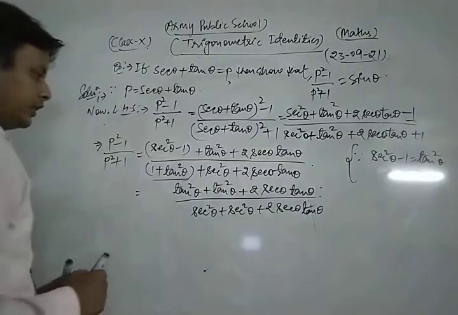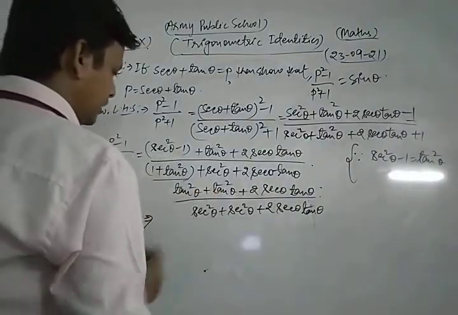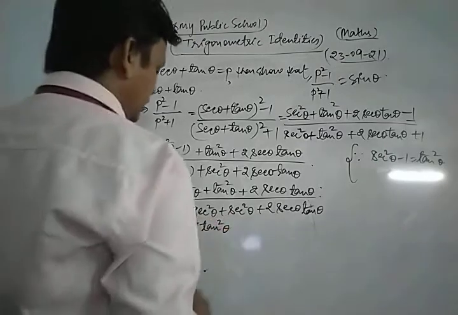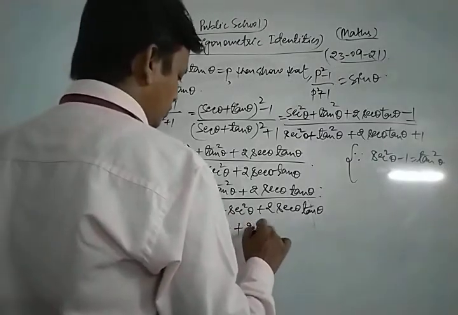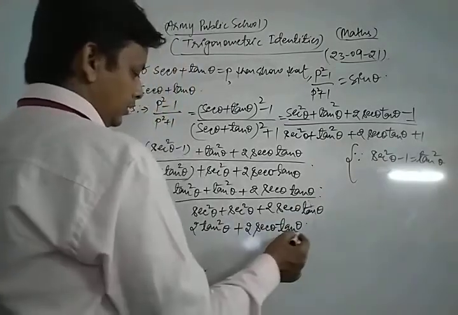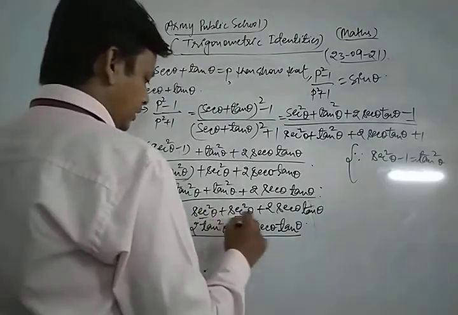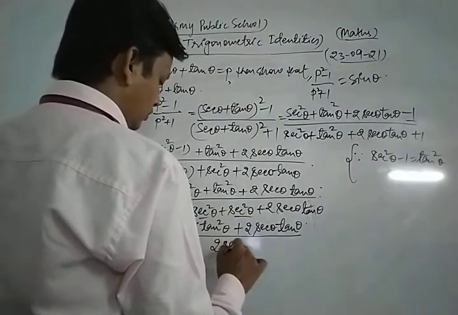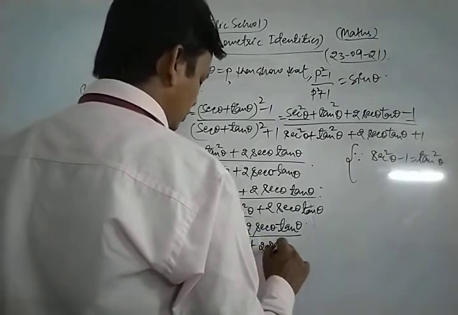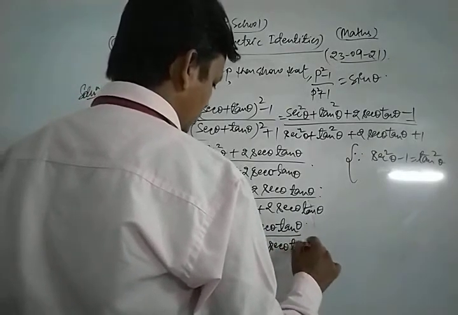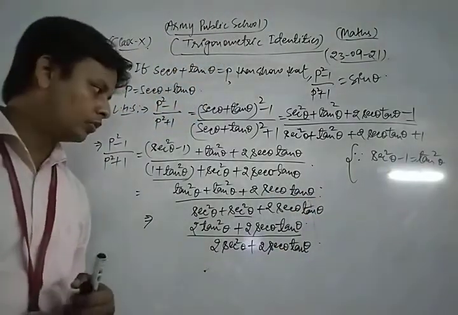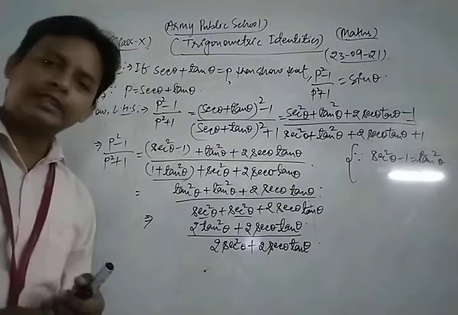So here we write tan square plus tan square, that is 2 tan square theta, plus 2 sec theta into tan theta, upon sec square plus sec square, that is 2 sec square theta, plus 2 sec theta into tan theta. Okay, now in the numerator we take 2 tan theta as common.